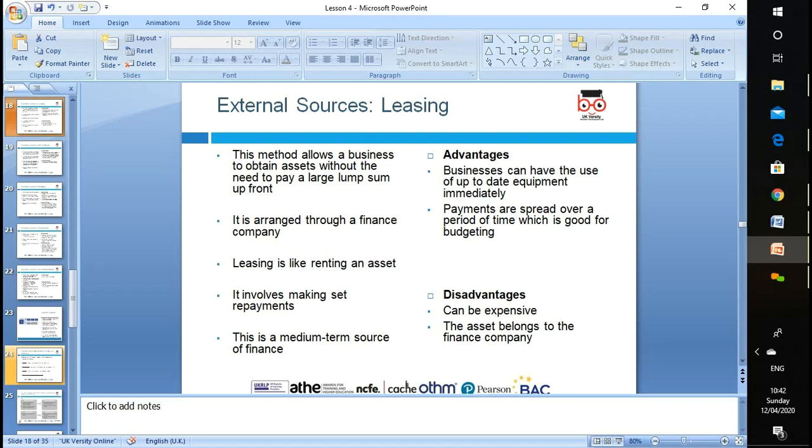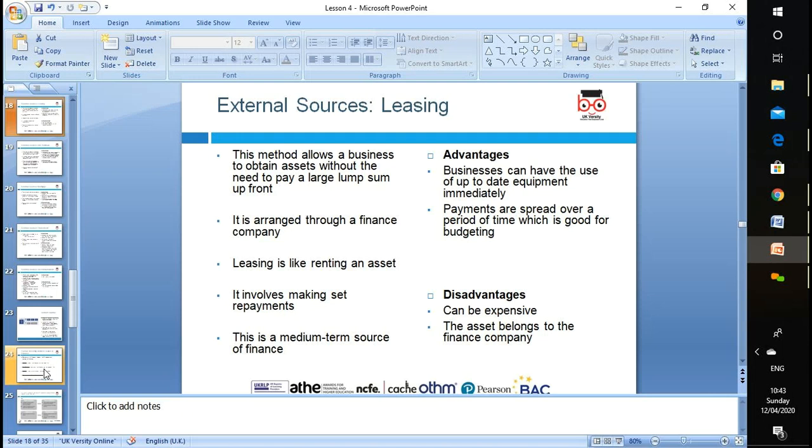Leasing can be finance lease and operating lease. Finance lease means the asset will be yours, like a mortgage, repaid with interest. This method allows businesses to obtain the asset without the need to pay a lump sum amount up front, and they pay through the finance company.